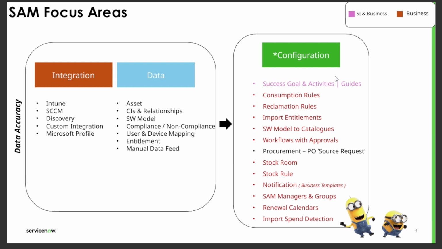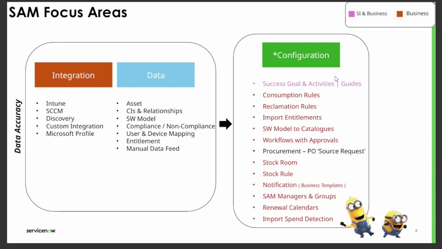For the reclamation rule, there are out-of-box workflows already available, but there is a table where you need to do the configuration. This reclamation is applicable for what software or what software model. Those types of definitions you need to configure in this reclamation rule. The remaining things, the out-of-box workflow will do. You can see the magic in the business instance.